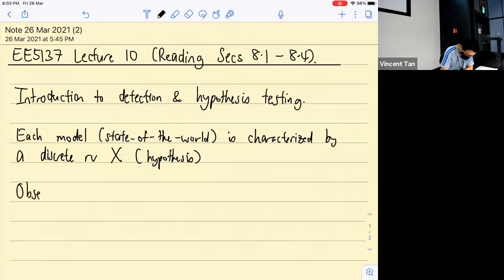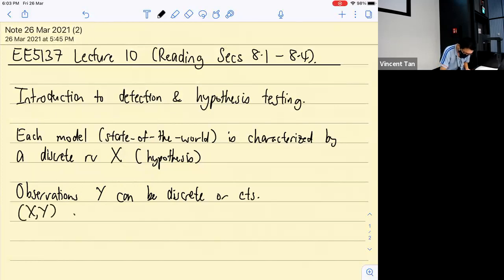So the observations Y can be discrete or continuous. Okay, so Y and X are correlated random variables.